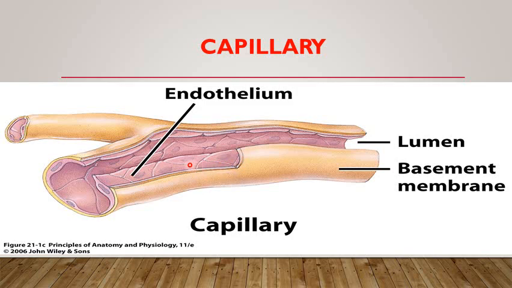So this is a very thin structure, of very small caliber, to allow the passage of blood at a very slow rate, lined with only a single layer of endothelium.